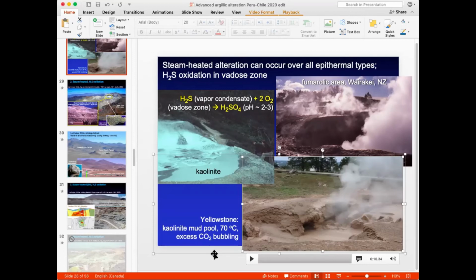Now, if the area is very low relief, flat, then there's not much of a groundwater gradient, not much lateral flow, and we can get a lot of vapor condensation and develop high sulfate concentrations and therefore low pH. Whereas if we have a high relief, then it's possible that there's a lot of groundwater coming over, and as soon as it gets steam heated, it moves on.